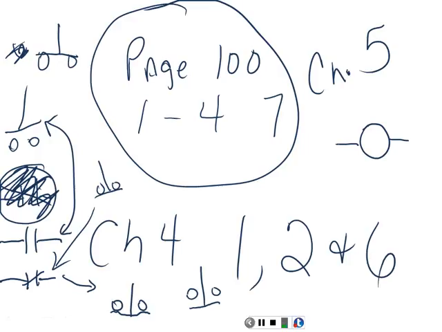So if it's over here on the right, it's an overload. If it's on the left-hand side, then it's a contact. All right, any more questions?